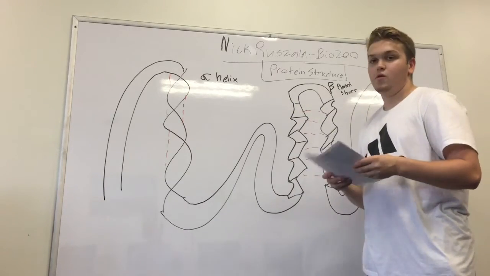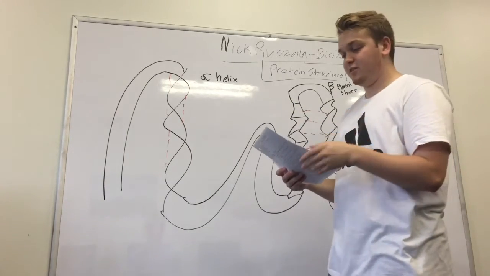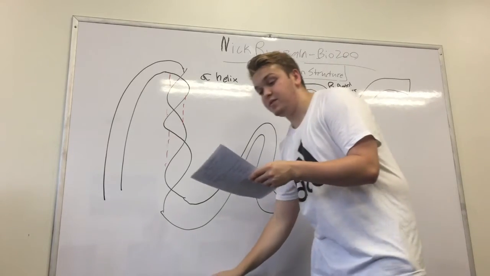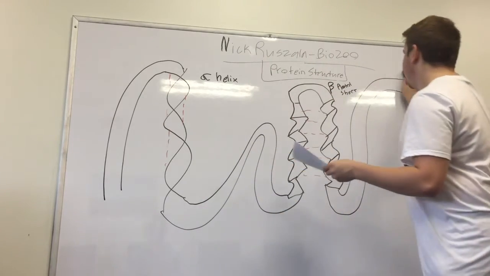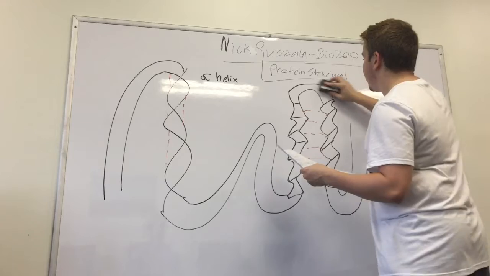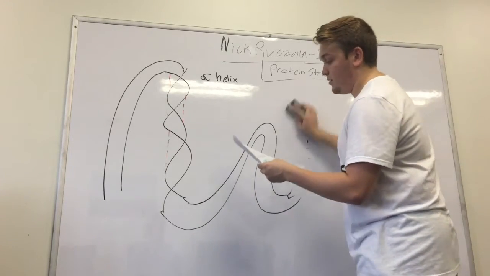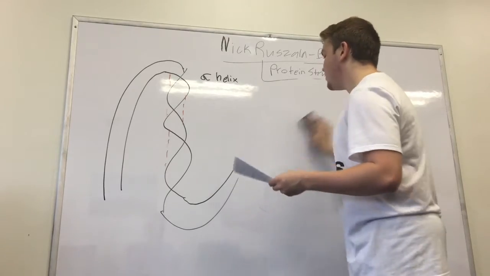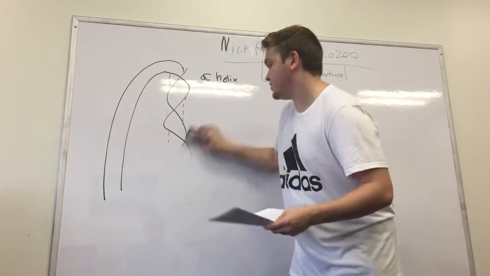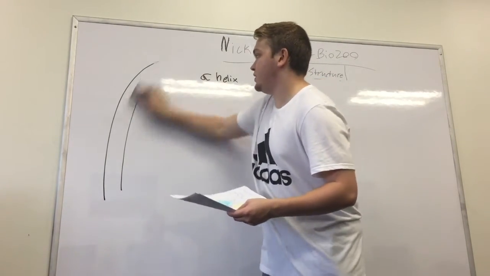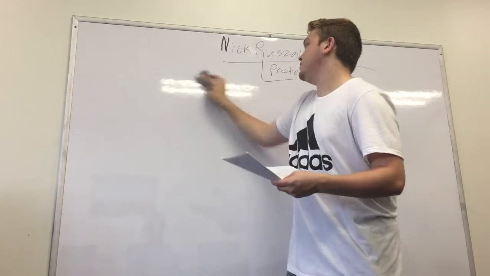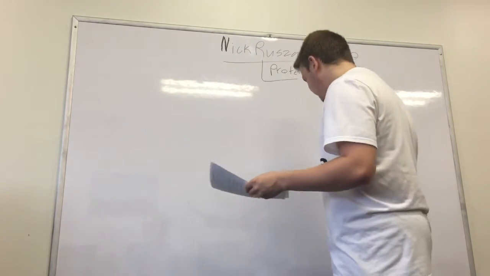So finally, we're going to move on to the last structure, which is the quaternary structure. Now this is the final 3D shape of two or more polypeptides. So it's going to be two or more of those tertiary structures coming together to join as one big overall structure.